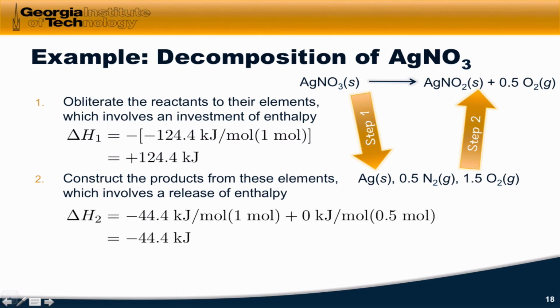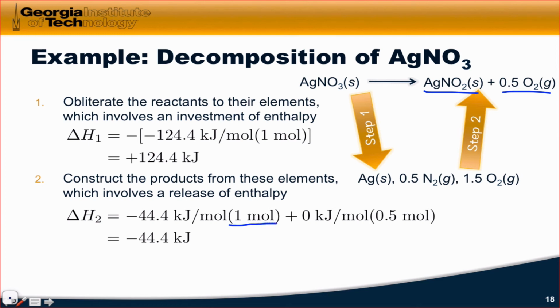When we construct the products from these elements, we have to add up the heats of formation of AgNO2 and O2. The heat of formation of silver nitrite, AgNO2, turns out to be negative 44.4 kilojoules per mole. Again, I'm respecting stoichiometry, multiplying by 1 mole because the coefficient here is 1, right? And what's the heat of formation of O2?